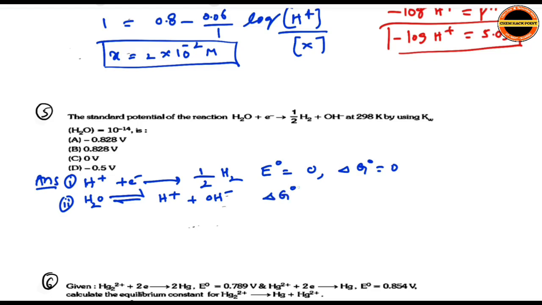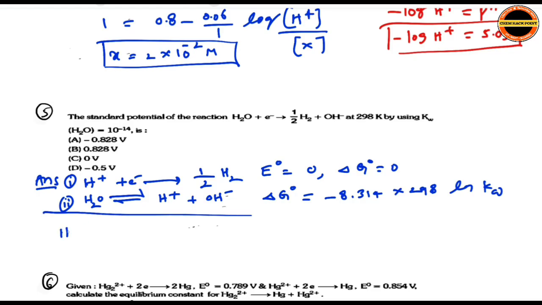So for this, what can you write? Delta G naught is equal to minus RT ln Kw, with 8.314 and 298, or you can write 2.303 RT. Next, if you join both, if you add both, you will get the equation H2O plus half H2 plus OH minus.